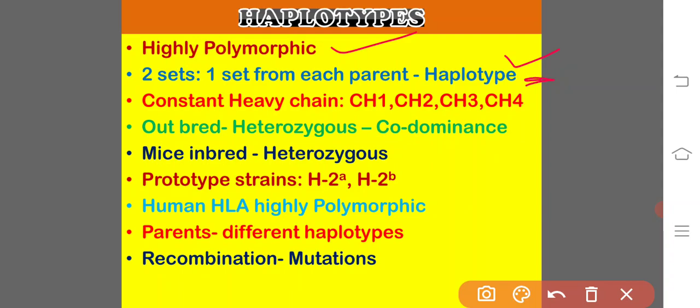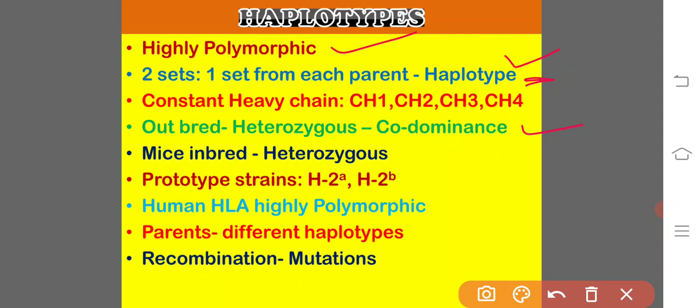In outbred populations, the offspring are generally heterozygous at many loci and will express both maternal and paternal MHC alleles. The alleles are codominantly expressed, that is, both maternal and paternal gene products are expressed in the same cell.